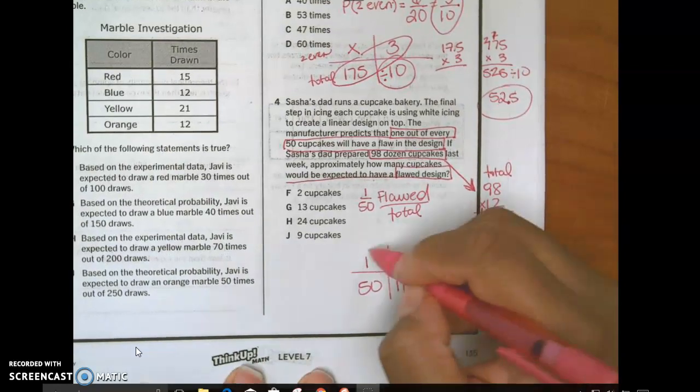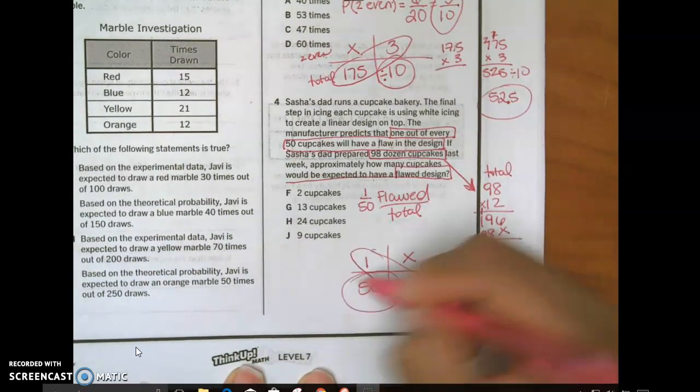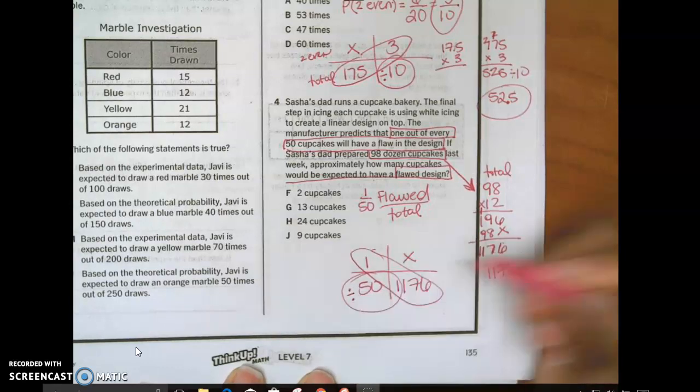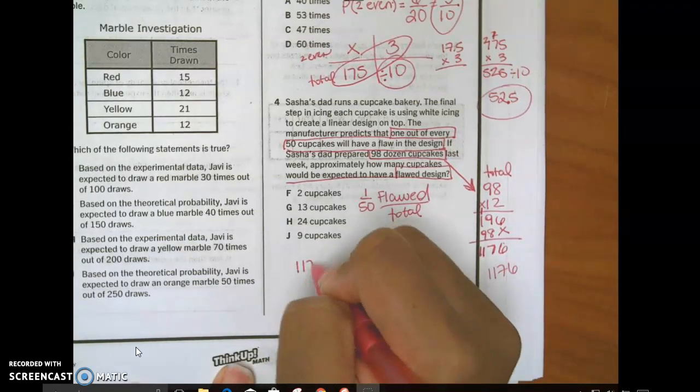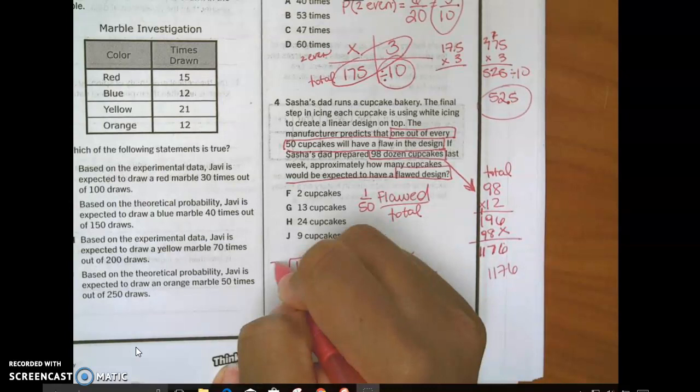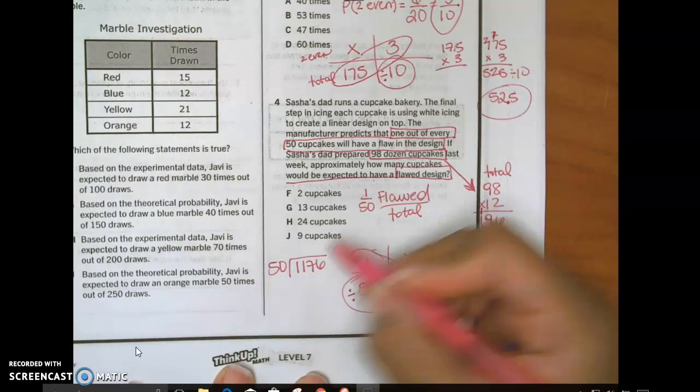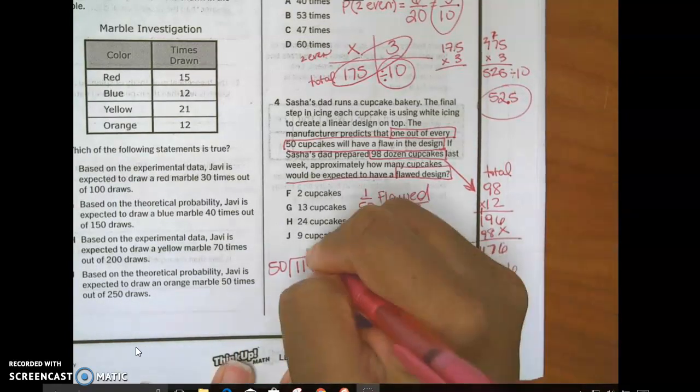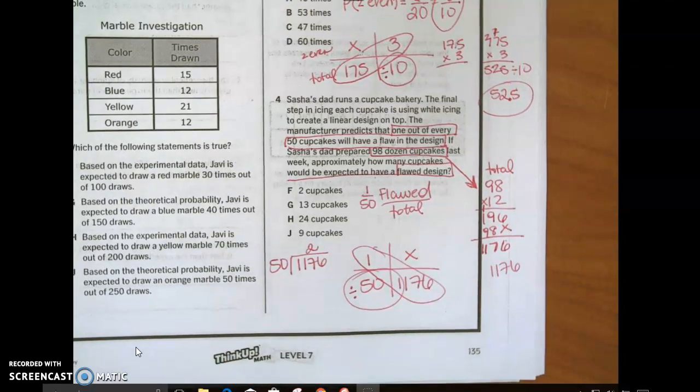Cross multiply, then divide. 1176 times 1 divided by 50. 1176 divided by 50. How many times does 50 go into 117? 2. Do I need to divide all the way, or can I make a reasonable answer? Make a reasonable answer. So the reasonable answer is F, yes?